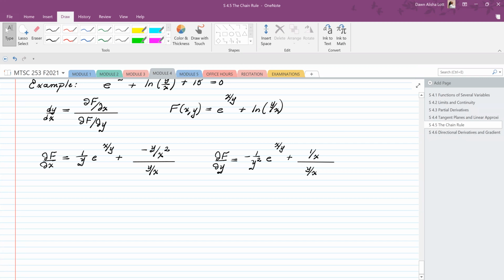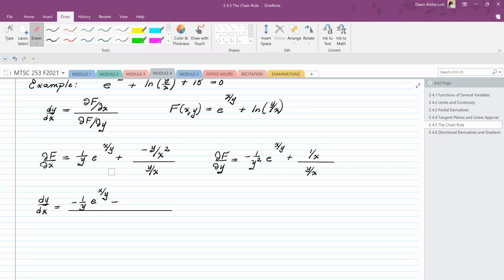So therefore, dy dx is going to equal minus 1 over y e to the x over y minus, when I multiply by x over y, wait a minute, I'm doing it wrong. The partial with respect to x goes on top.